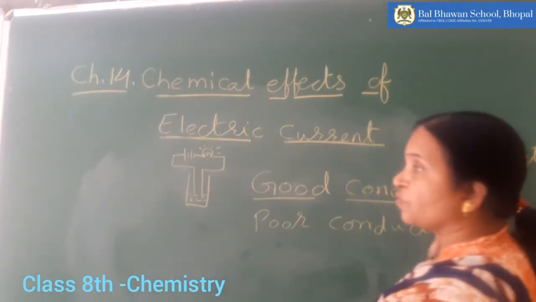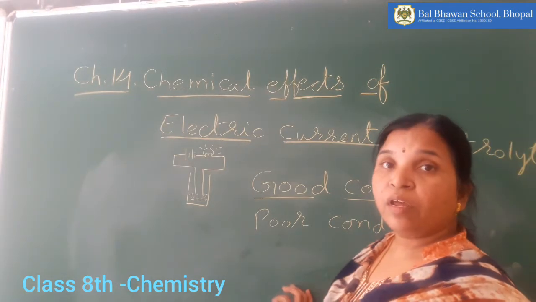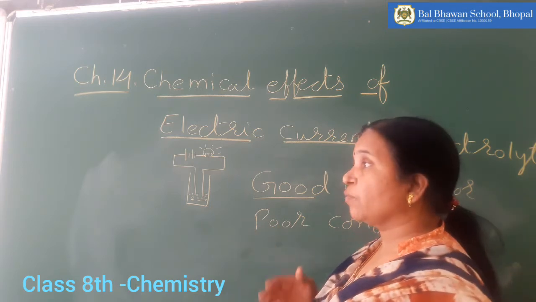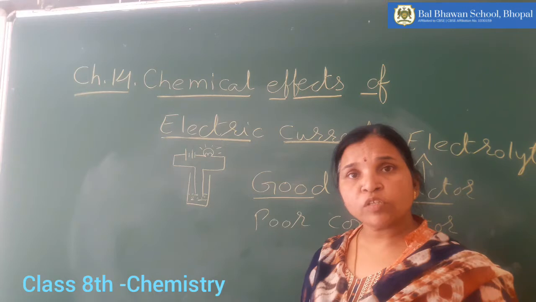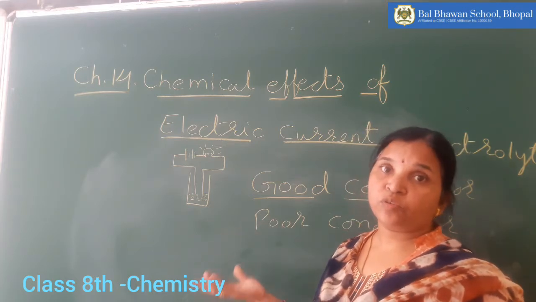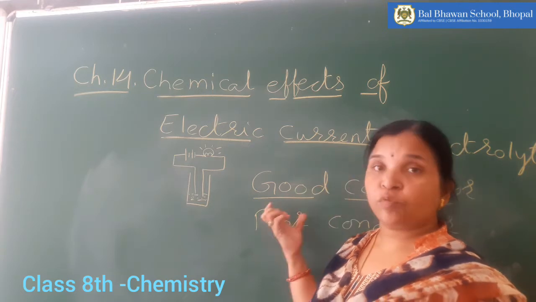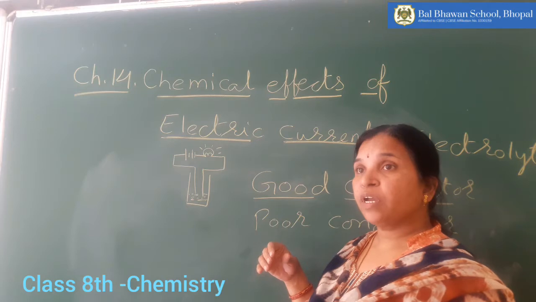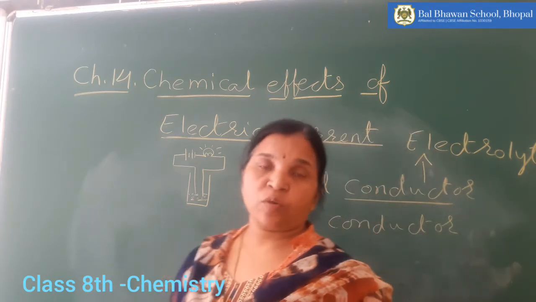Generally, the examples of these electrolytes are all aqueous solutions. It can be a salt solution, it can be an acidic solution, or it can be a basic solution, but it is an aqueous solution. Now you have to understand what we mean by aqueous solution.